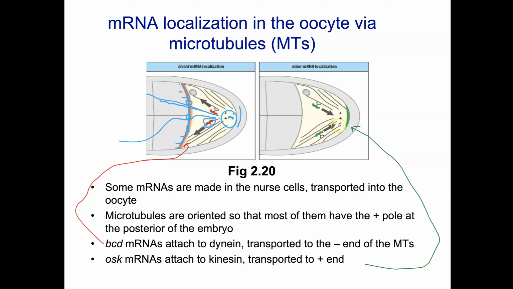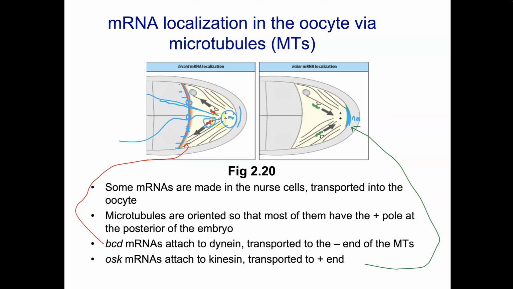And then Oscar, which is responsible for localizing nanos, which you remember as the posterior morphogen, is on a kinesin, a plus end directed microtubule motor protein, so it moves to the posterior end, and then Oscar is localized here, and then nanos is also localized here. So that's how those two are set up.